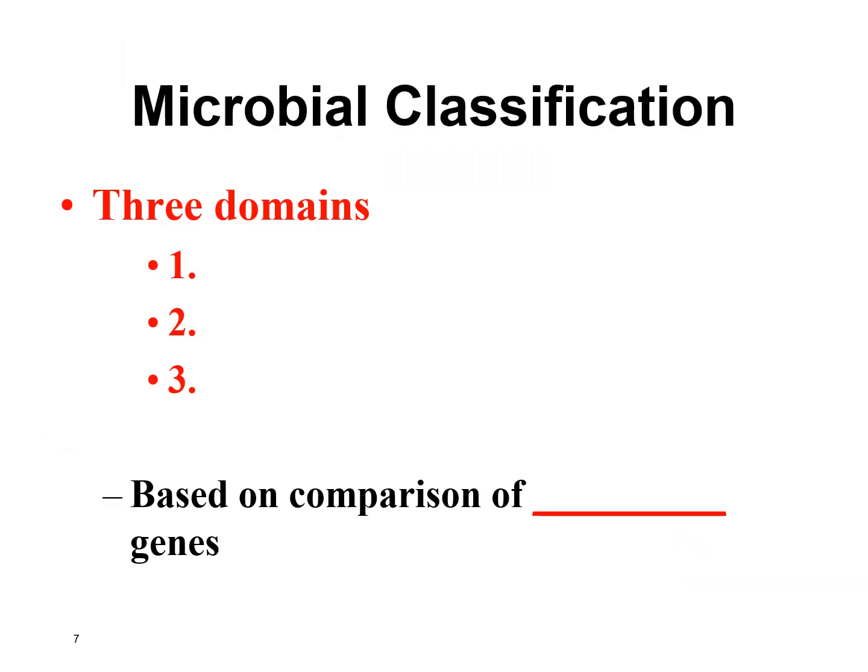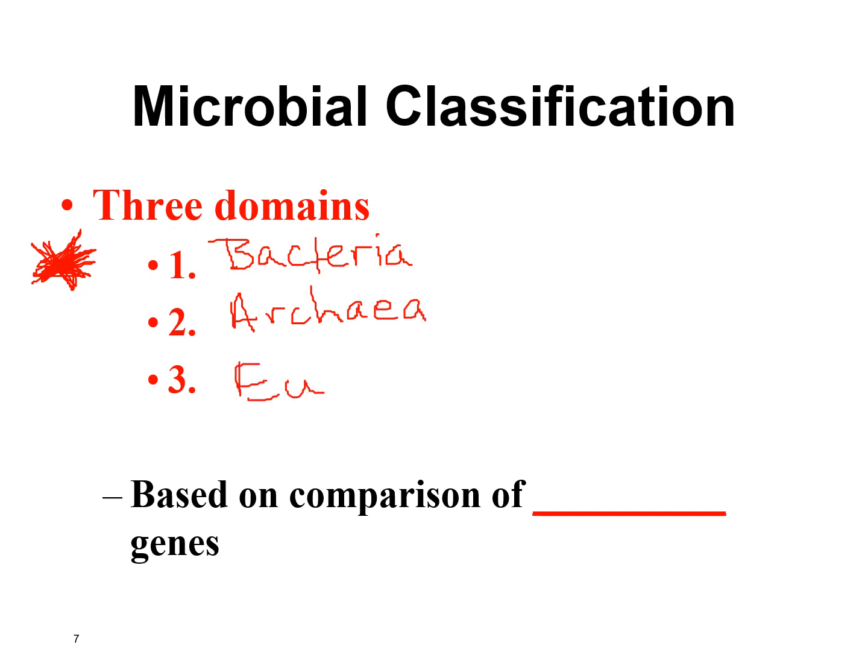Okay, so our next thing that we want to make sure that you start in your notes is make sure you know the 3 domains. So remember, this is our broadest taxonomic group, and the 3 domains are bacteria and Archaea, and then domain Eukarya.